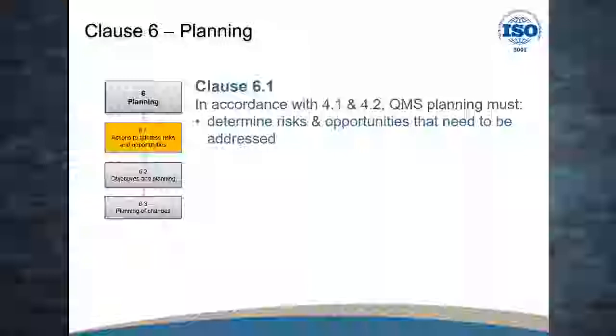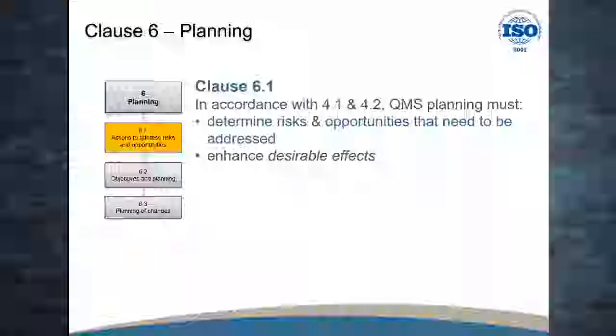It doesn't say risk and opportunities that need to go away or that need to be weeded out completely. There are certain inherent risks associated with anything that you do. So just ensuring that they're addressed appropriately, that's going to vary from one circumstance to the next, certainly one organization to the next.